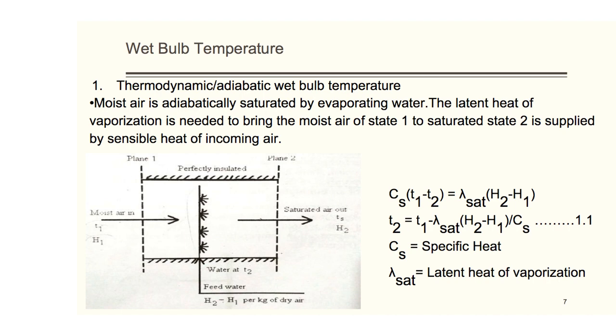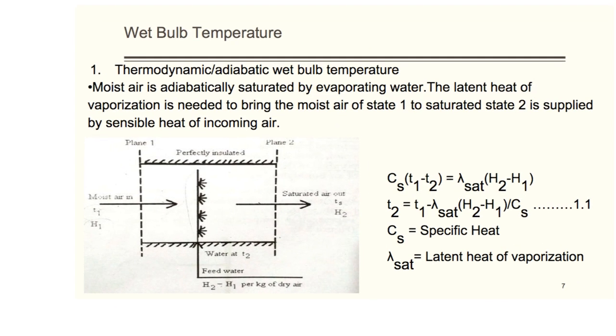What happens while measuring the adiabatic wet bulb temperature? We take a very long pipe which is half filled with water, and air passes over this water surface and leaves in a saturation state.